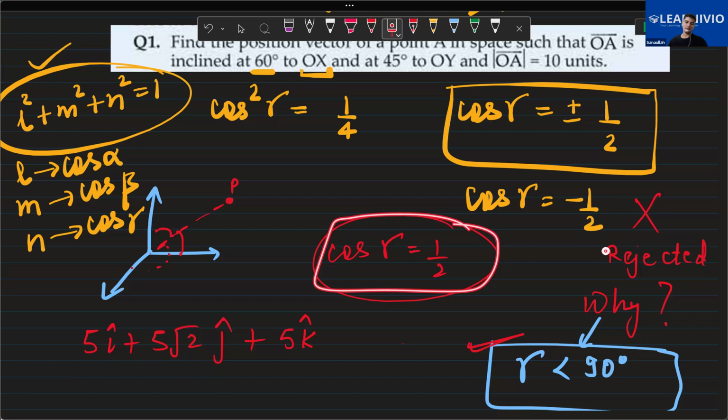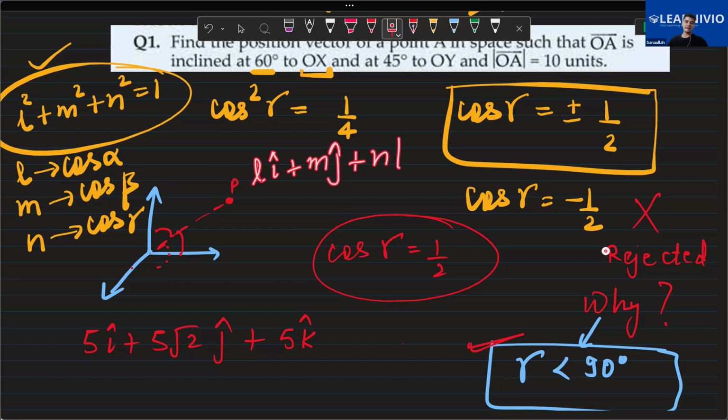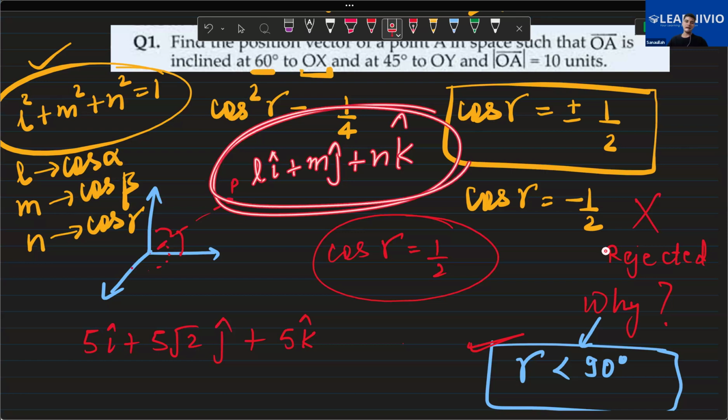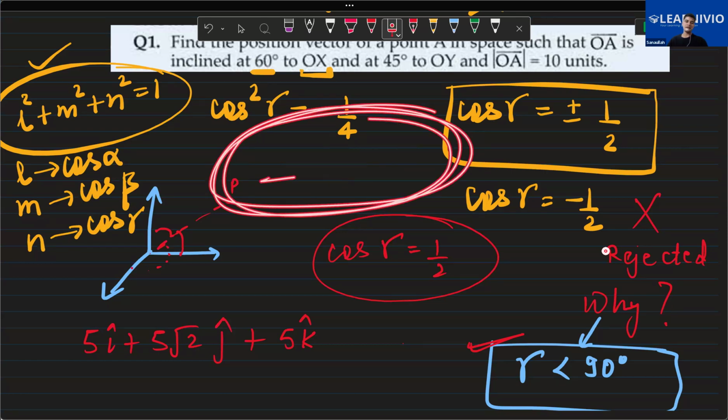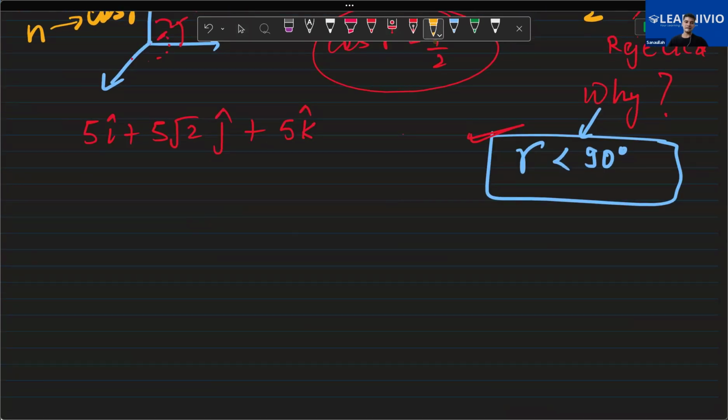All right, now you know your l, m, n, all the values are known. Now what is the direction of any vector? You have a position vector, so this is l i cap, m j cap plus n k cap. Now you know the values of l, m, n. You can easily put in these values and you can get the direction. Okay, so now the direction part is done.